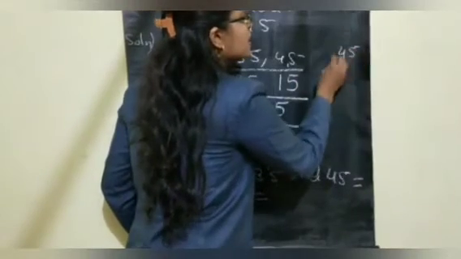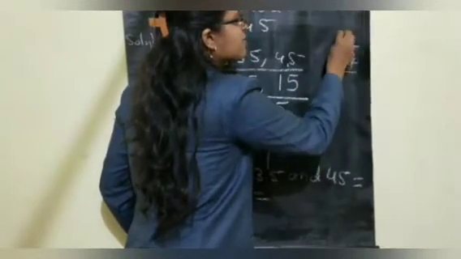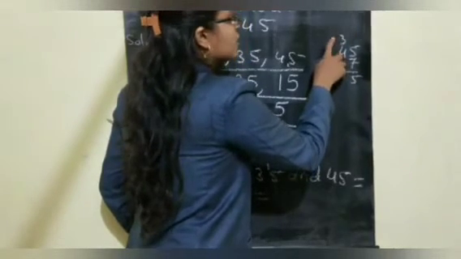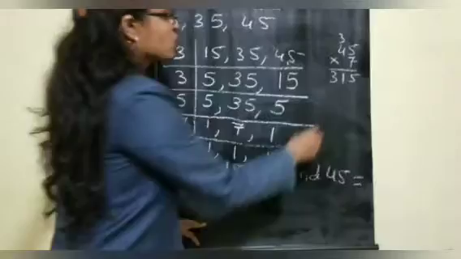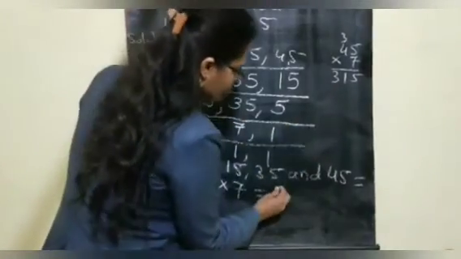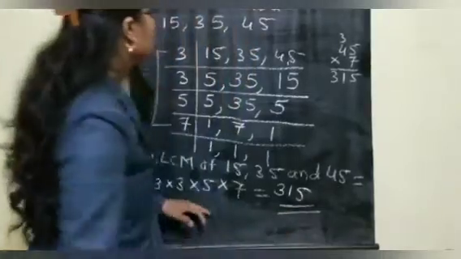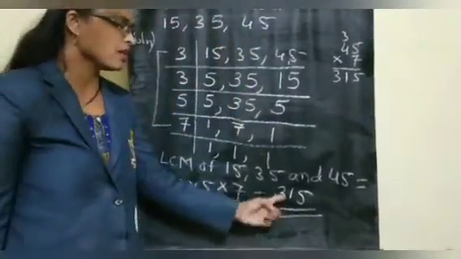Do that multiplication sidewise and get your answer. 5 7s are 35. 7 4s are 28. 28 plus 3 is 31. So we get 315. So the LCM of 15, 35 and 45 is 315.